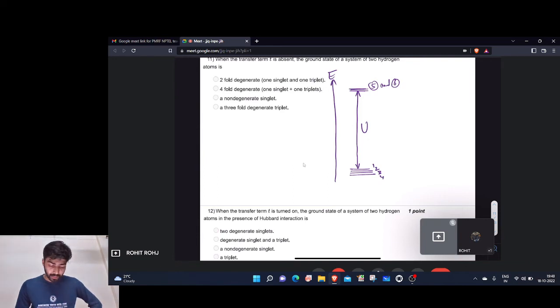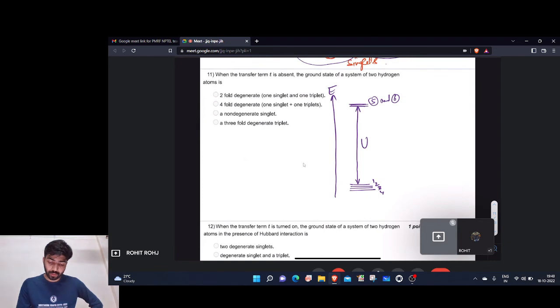So this is the picture where there is no perturbation to the system, or the transfer term is absent. This transfer term T, or the hopping, is nothing but the perturbation. So when the transfer term is absent, we have such a scenario.